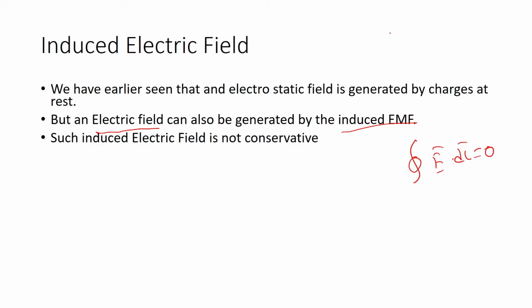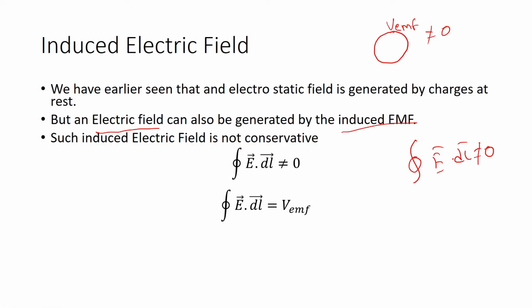That is, the potential difference across any closed path should be 0. But we have seen that around the closed path, the potential difference is not 0. Instead, it is equal to VEMF. That means the induced electric field is not conservative.